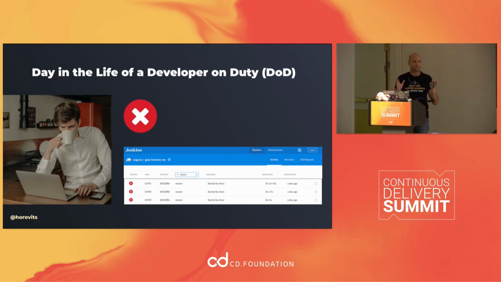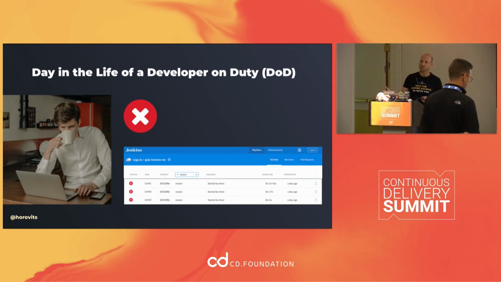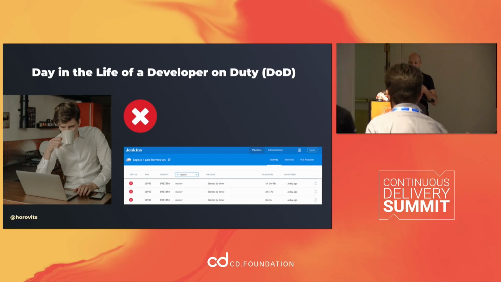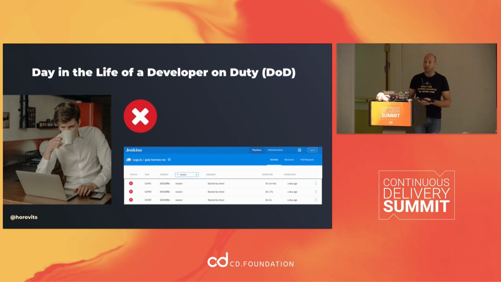And sometimes, let's admit it, people forget to go in and check. I'm sure it happened to you as well. And if there is a failure, then we need to go into the runs one by one and understand which failed, where it failed, how many failed, why it failed.